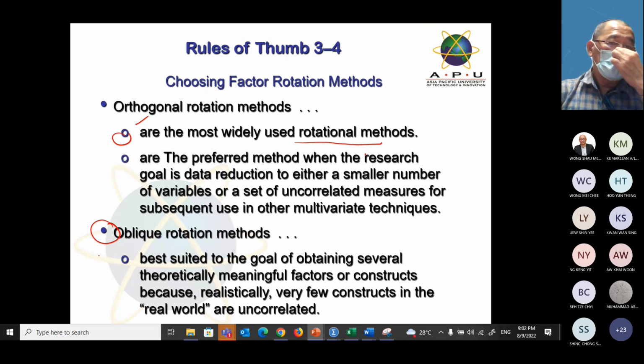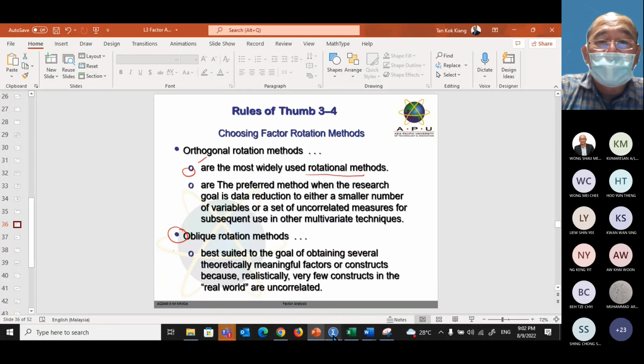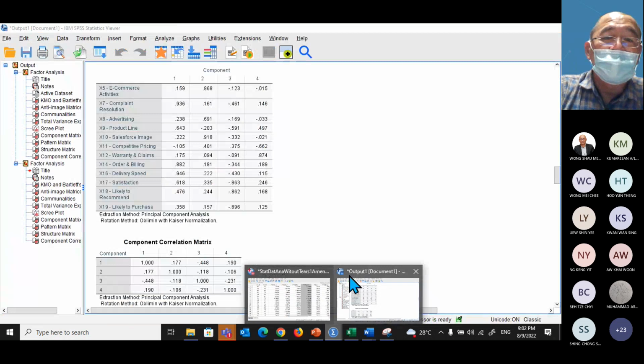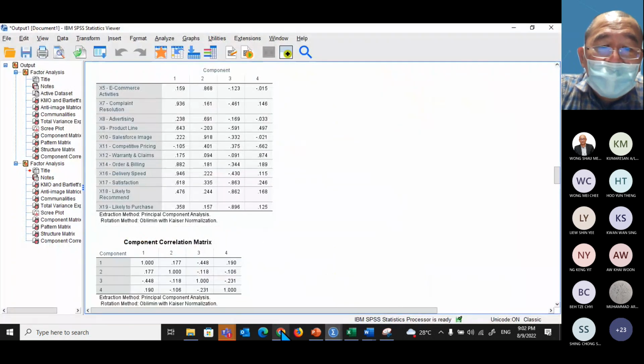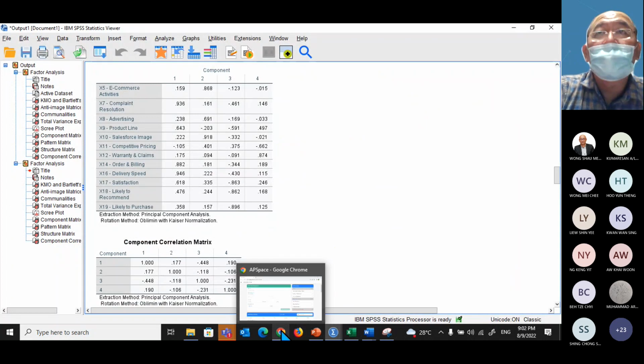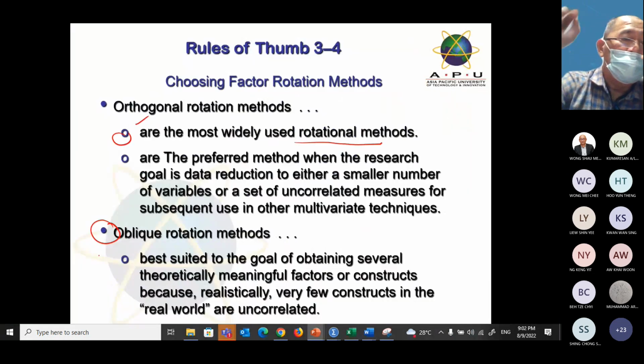In fact, if you see the older version of SPSS, they don't have the oblique method. Version 28 has it. The old one, let's say 26, doesn't. 26 is still new but not too new.